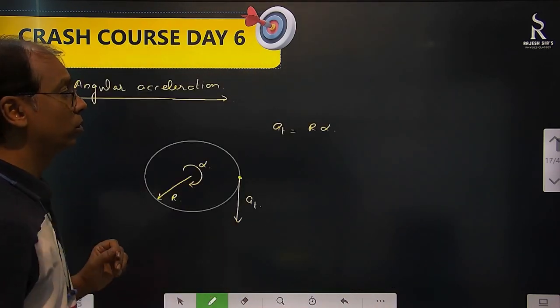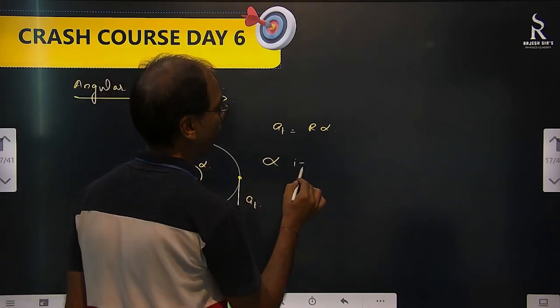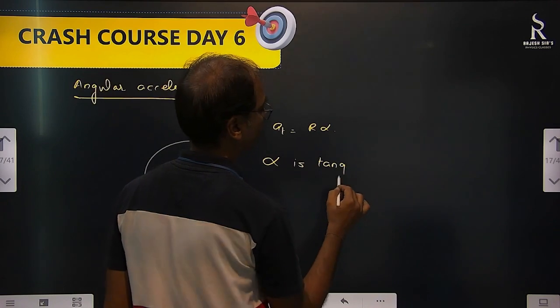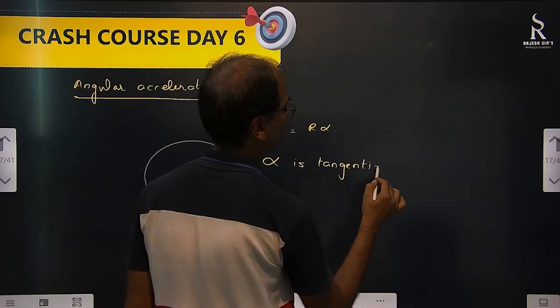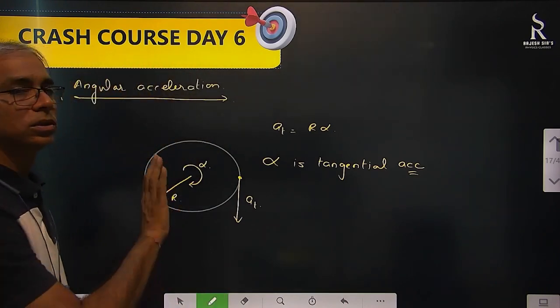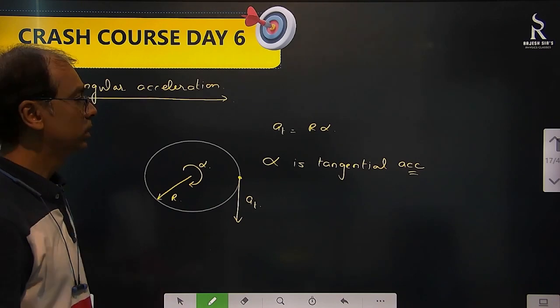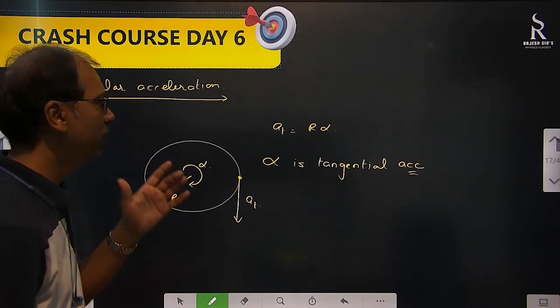So if omega is like this, what about alpha then? Here what rotation have I given? Clockwise. So where is alpha? Inside. AT equal to R alpha. This is what we normally use.